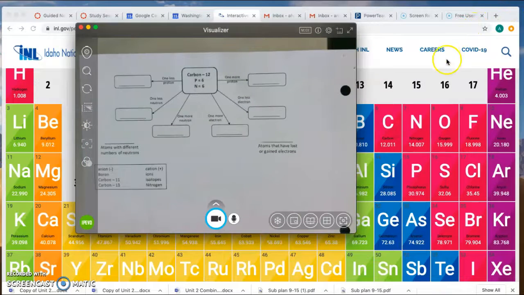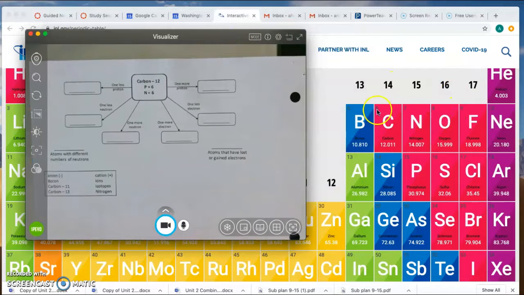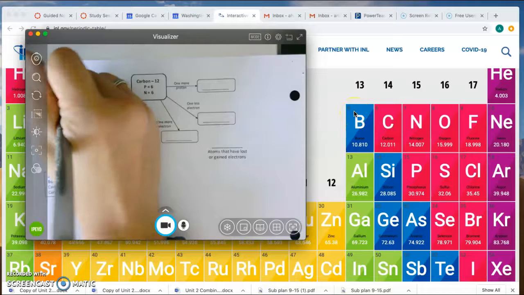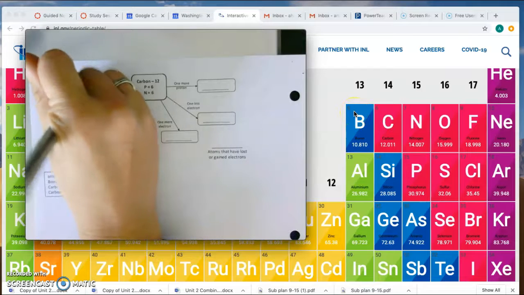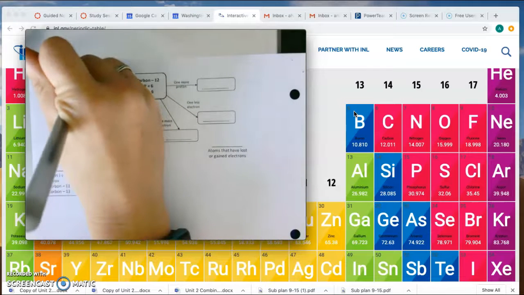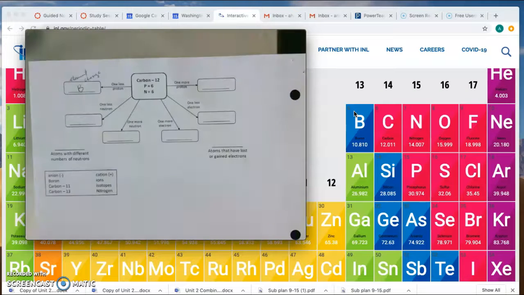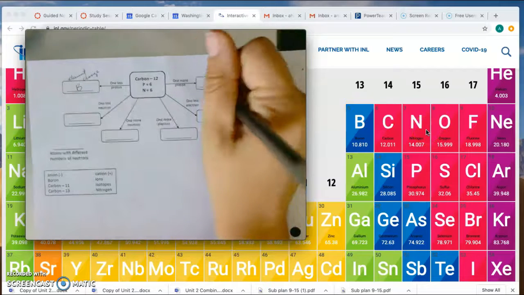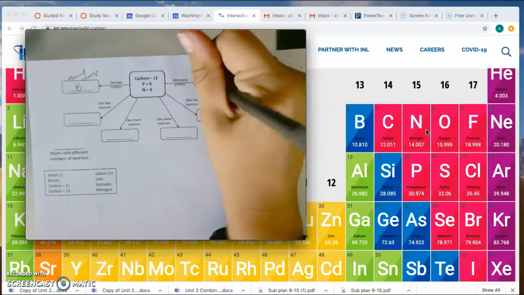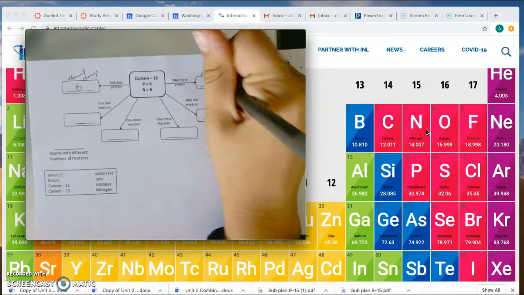So that would change the element, right? So we'd go from being carbon to being boron. We'd have an element change. Okay. But what if we gained 1 more proton? So we had 6, now we're going to 7, now we're nitrogen. That's also an element change.